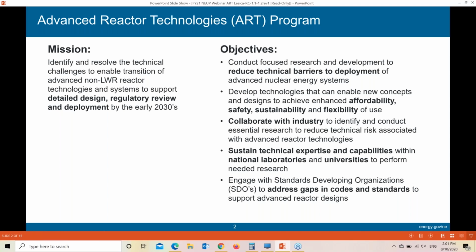And the two scopes that I'm going to be talking about directly support these objectives, particularly in reducing the technical barriers to deployment and engaging with standards developing organizations to address gaps in codes and standards. And of course, the NEAP program itself supports this technical expertise and capabilities within the national labs and universities.